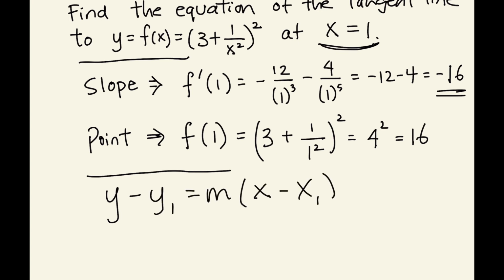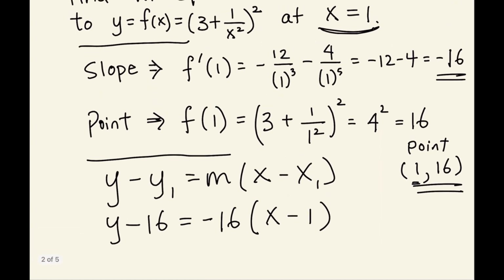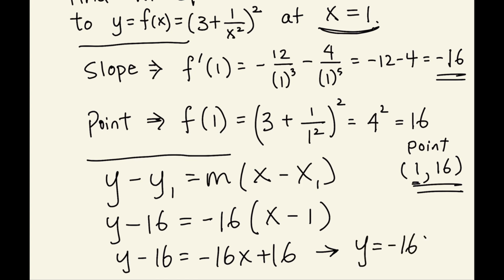My point has x value 1 and y value 16, so y minus 16 is equal to negative 16, my slope, times x minus 1. Cleaning this up, y minus 16 is equal to negative 16x plus 16, which implies my tangent line is y equals negative 16x plus 32.